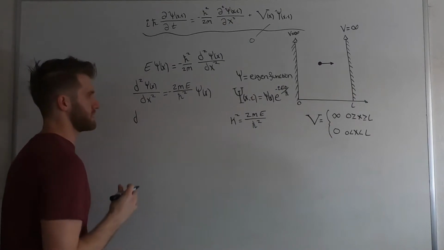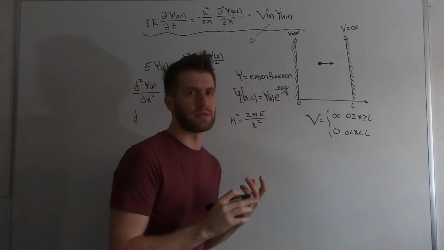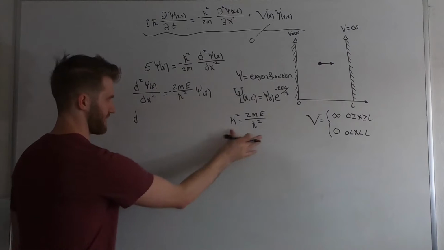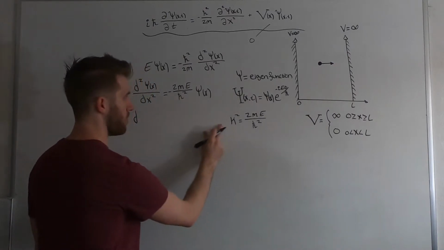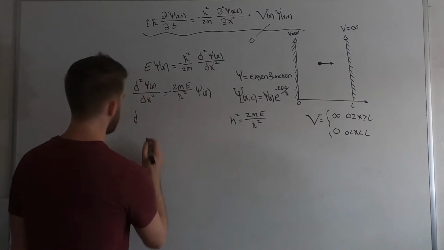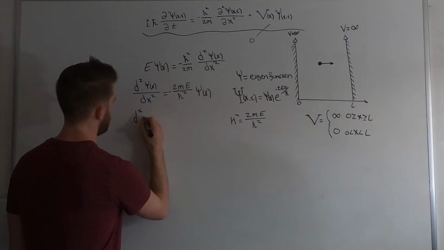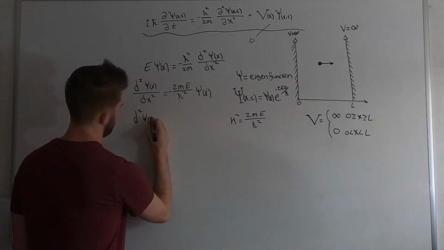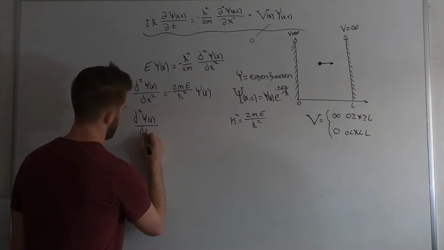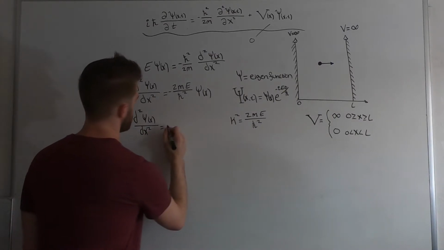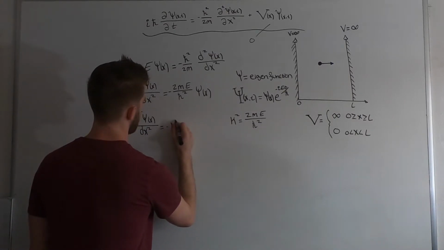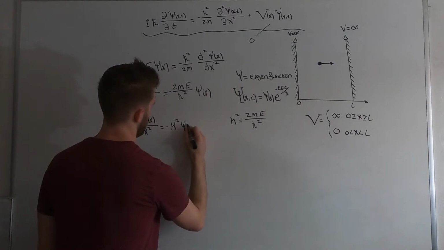You'll see that this makes solving the differential equation more manageable if we make this substitution, since we're now only working with one variable. So we're going to have d squared psi of x over dx squared equals minus k squared psi of x.